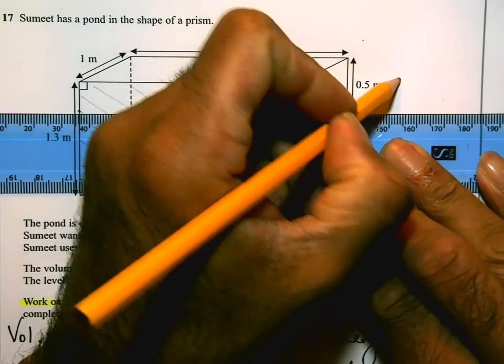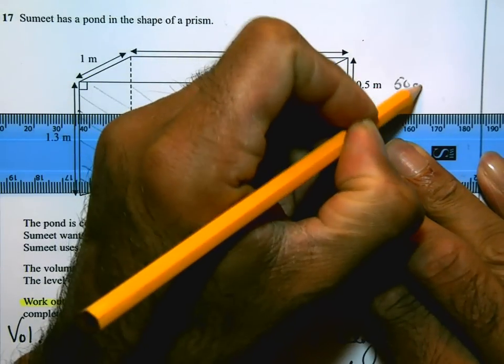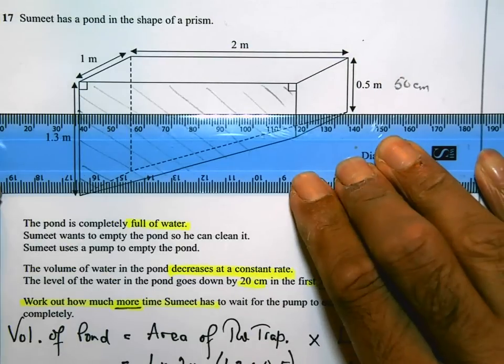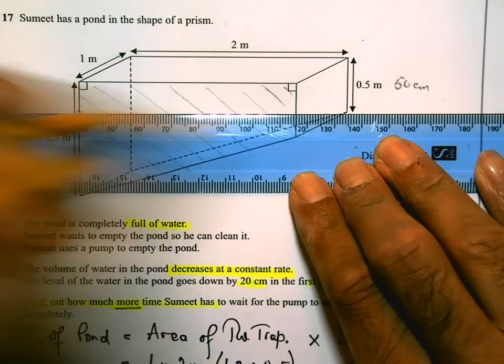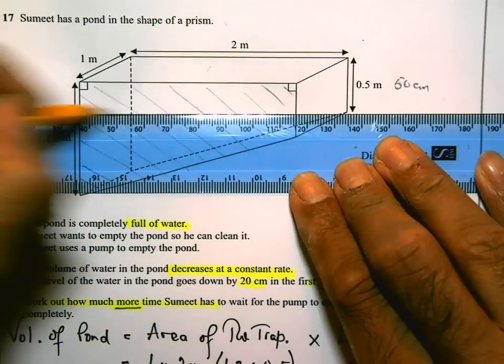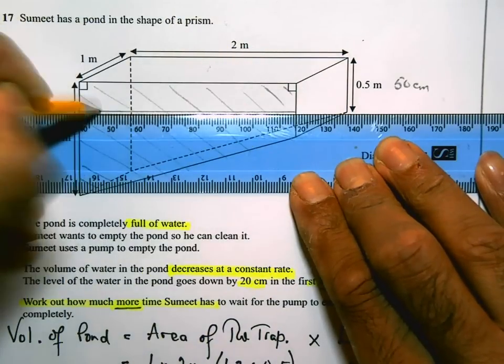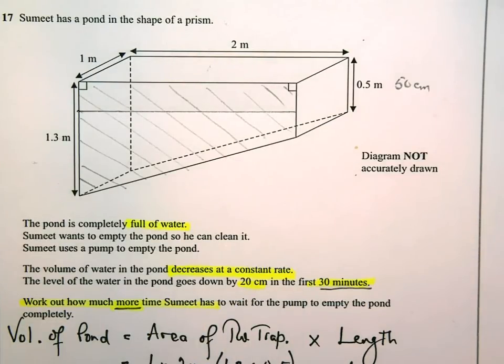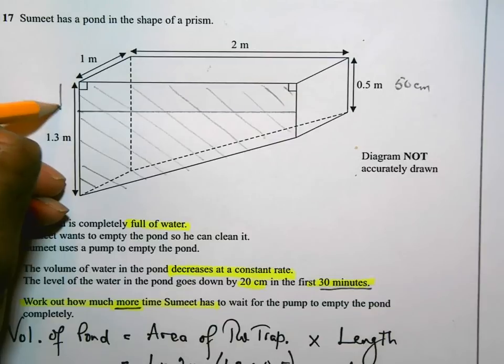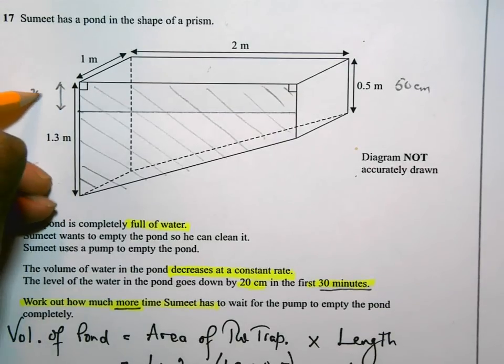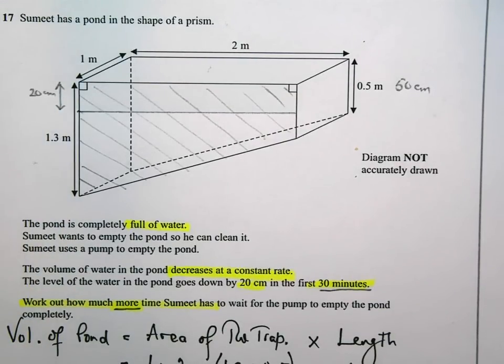So I know it's not going to go any lower than that block at the top there. So that's where the water level has gone down to, 20 centimeters. Now 20 centimeters is 0.2 meters.